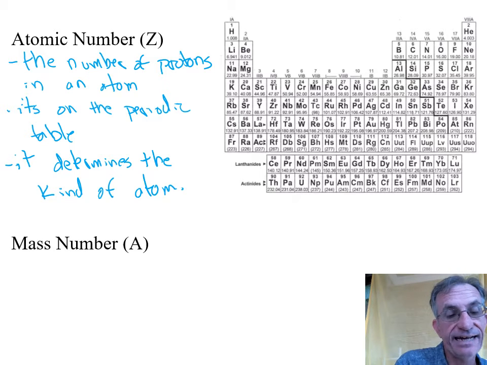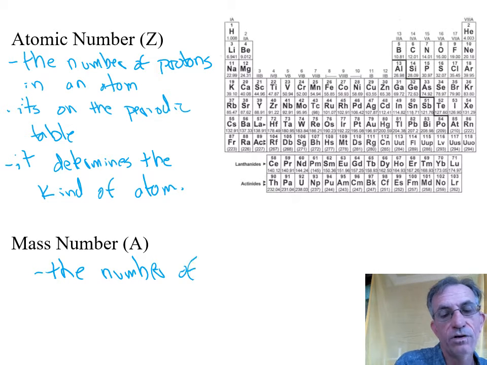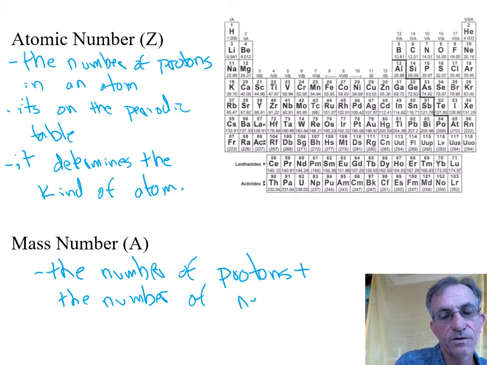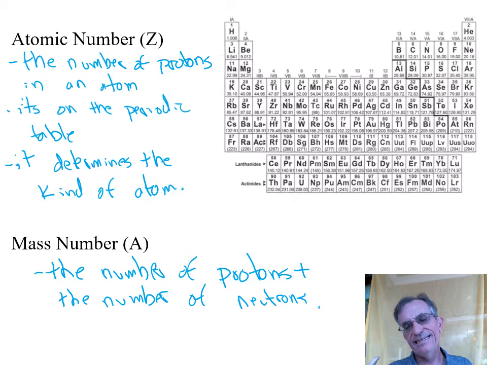To be exact, it's the number of protons plus the number of neutrons. It's the total of those two, the number of protons and the number of neutrons together. Another way of saying that is that it's the total of all the particles in the nucleus. So it's the protons and neutrons together.